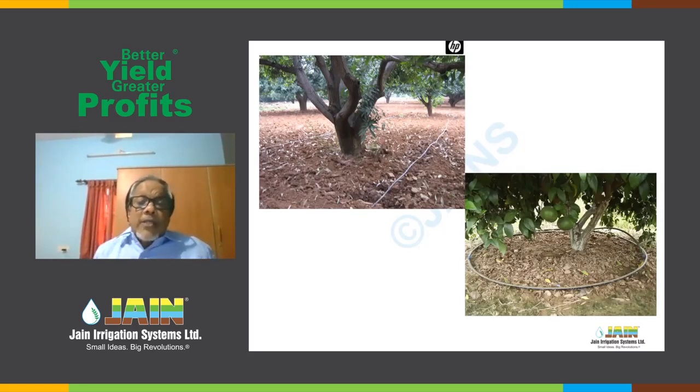The conventional system was flooding the basin. Each tree is given a square shaped area which adjoins the next tree. Basically the field is flooded, and within the basin the water stands, and the water level goes down based on the amount of clay and the percolation rate. But it will be slushy and wet whenever you irrigate.